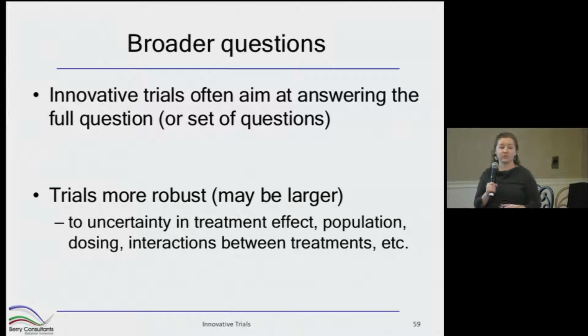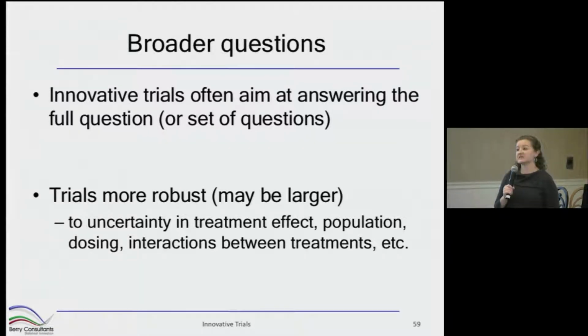So if we have a narrow focus and we're just designing a trial with one dose versus our control arm, we're making an assumption that we've picked the right dose. Or if we just look at a population of certain characteristics, we're making an assumption that that's the right population where the treatment benefit occurs. And if there's uncertainty about what the right dose is or what the right population is, and we choose incorrectly, there are obvious consequences to that.